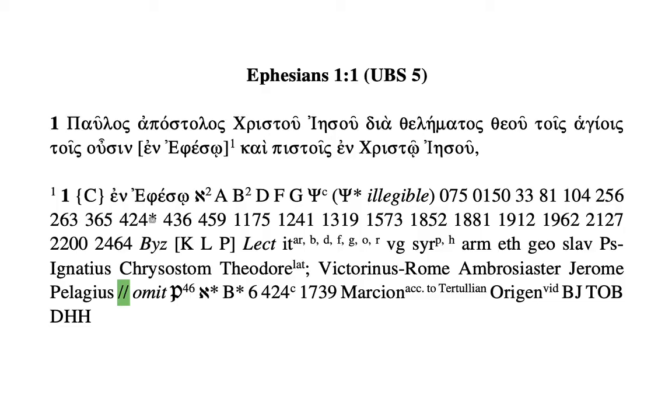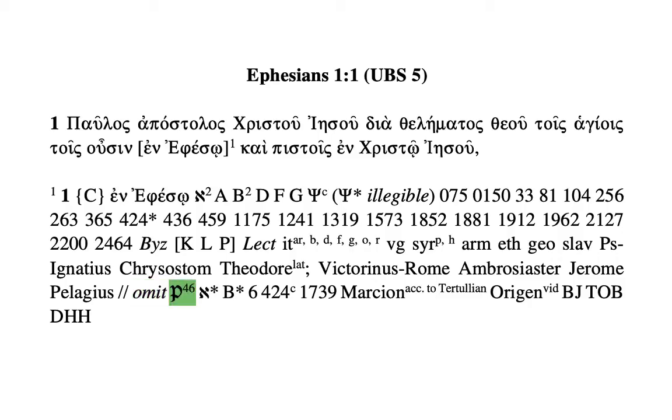There is the inclusion of ἐν Ἐφέσῳ and the omission of ἐν Ἐφέσῳ. So two possibilities within this variation unit. Everything we've talked about so far has been in support of the inclusion of ἐν Ἐφέσῳ, or in Ephesus. Now we'll talk about the omission of the words in question.